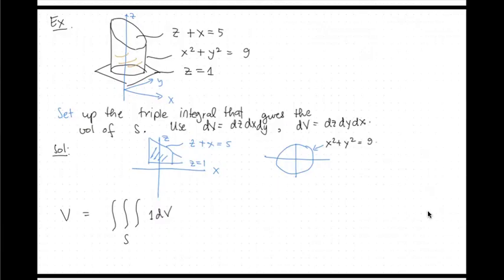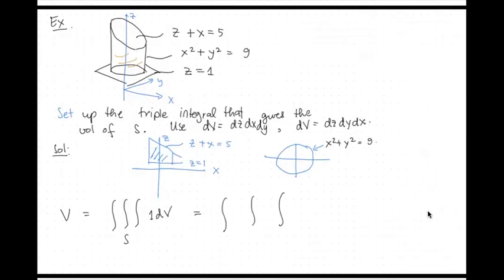We will do both because this solid has symmetry. Okay. Now we are to express this as an iterated integral. So we will use first this order, and later we will use this order.